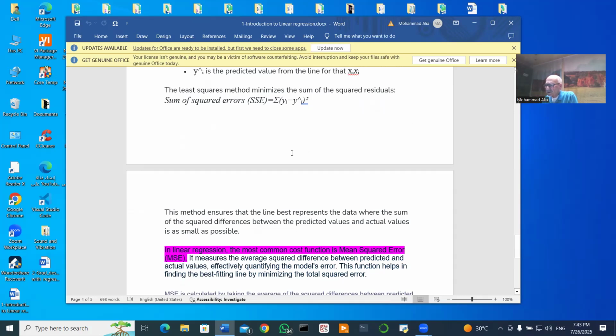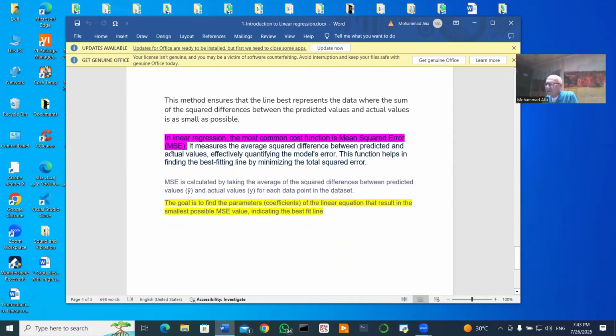In this case, we are working with the mean square error. Mean square error is calculated by taking the average of the squared differences between predicted values, y hat, and actual values, y, for each data point in the data set.